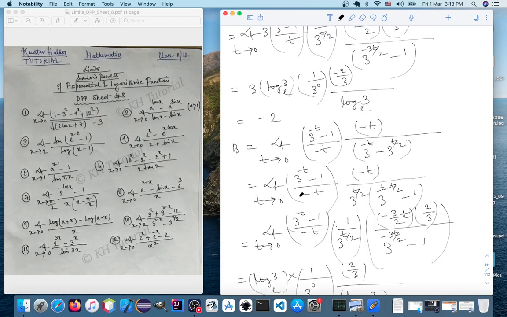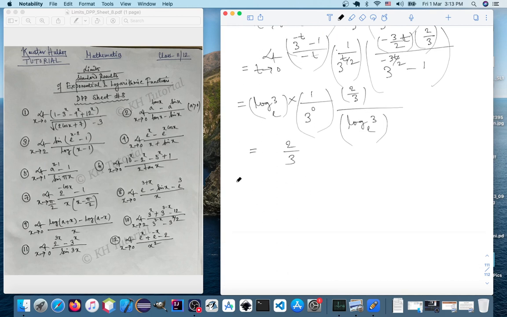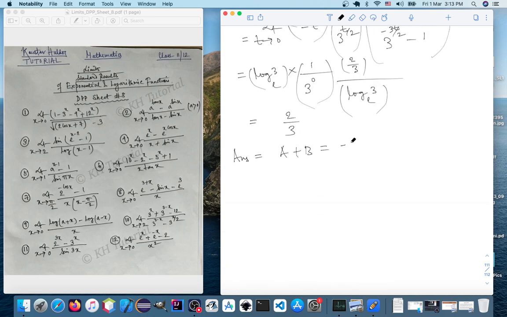So the answer is a plus b, which is minus 2 plus 2 by 3. How much is this? Minus 6 plus 2 by 3, which is minus 4 by 3, is the answer.